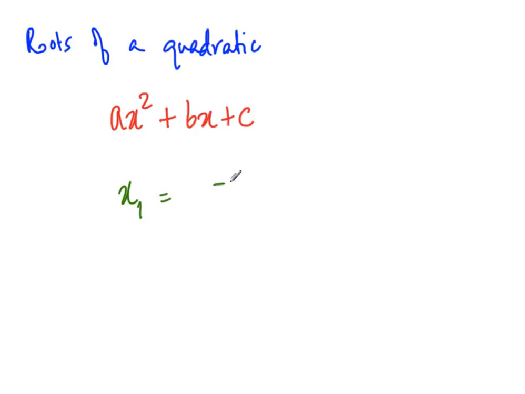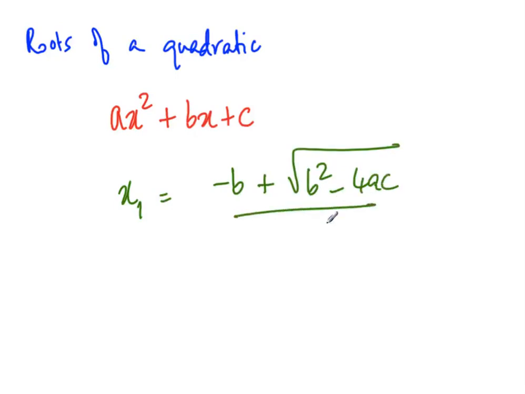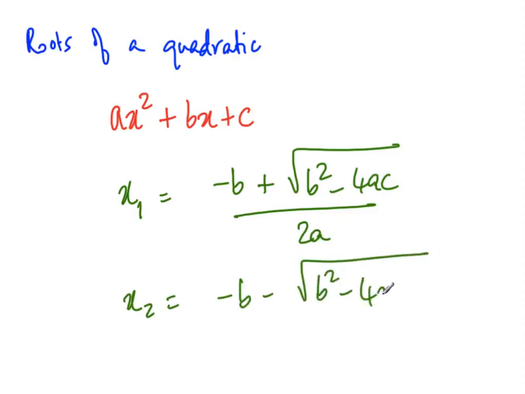The first root is minus b plus root of b squared minus 4ac divided by 2a, and the second root is the same thing but with minus. This is a standard formula for finding the roots of a quadratic equation.